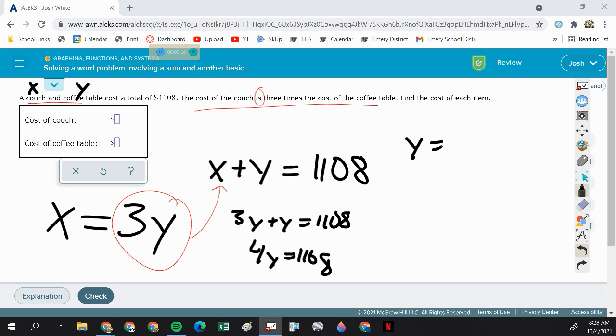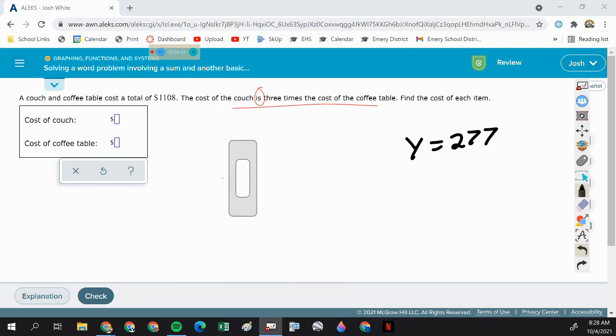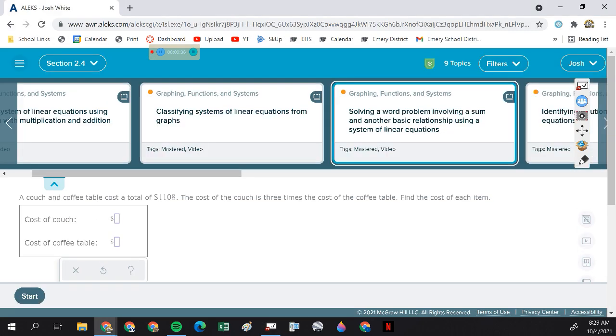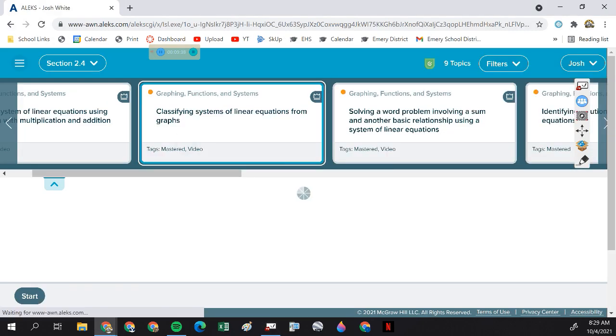So y equals 277. What does that mean? The coffee table costs 277, so how much is the couch going to cost? 3 times that, which would be 831. All right.